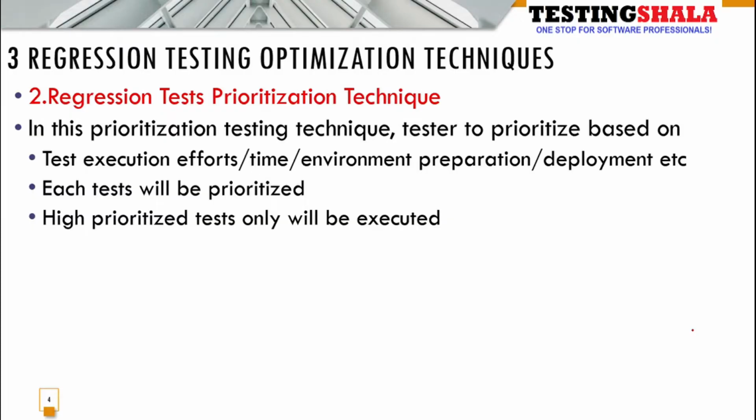That guarantees that if I execute only priority 1 test cases, at least all the critical ones or core functionality will be covered. If I execute priority 1 and priority 2, then most of the test cases will get covered as part of our overall execution.